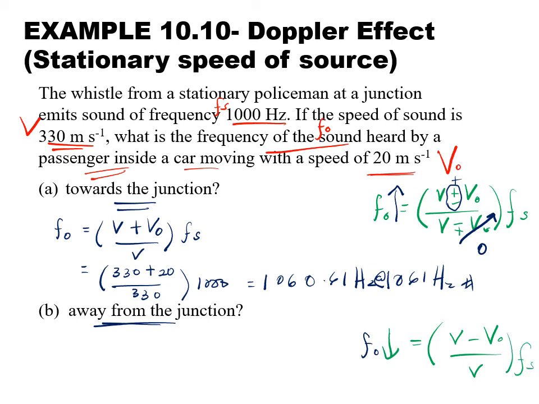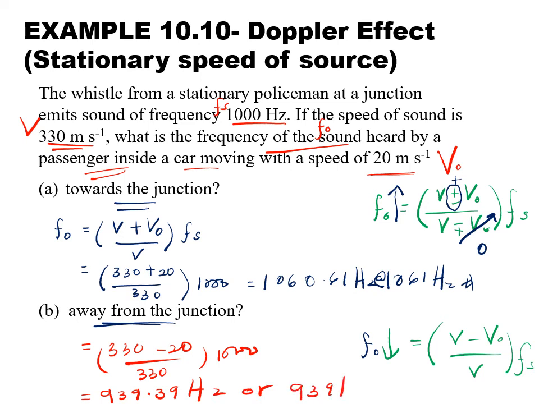Okay, so you just write down 330 minus 20 divided by 330 times 1000. So then you will get 939.39 Hertz or 939 Hertz you can write. That's all.